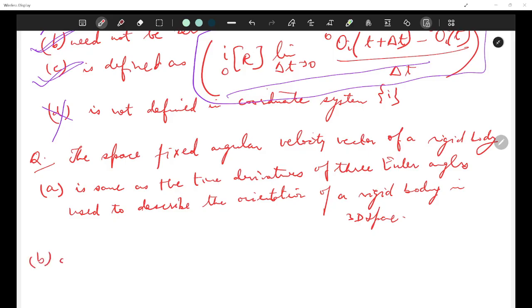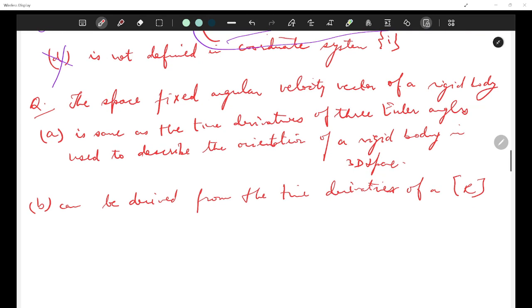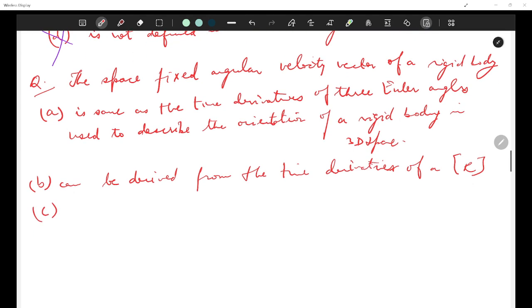It can be derived from the time derivative of a rotation matrix R. The other option is that it can be extracted from a skew symmetric matrix R dot transpose R.